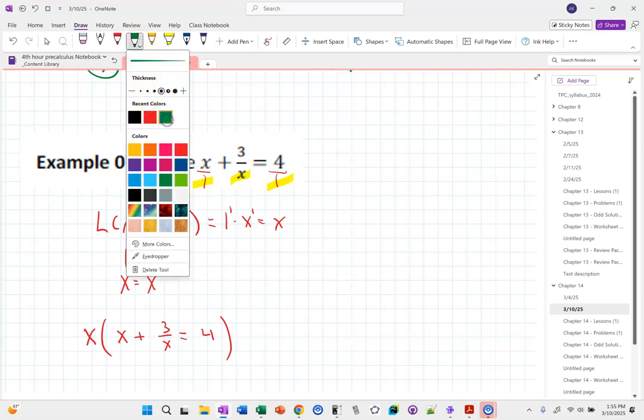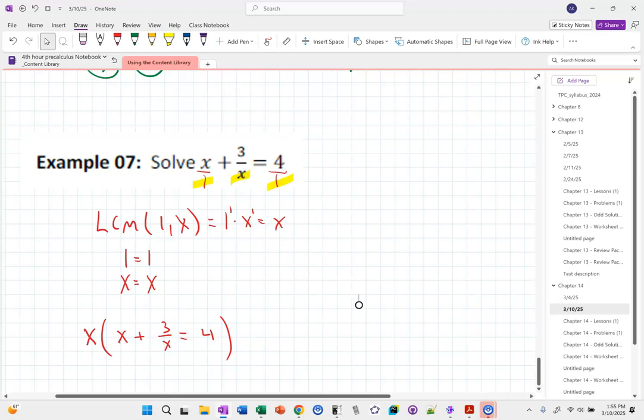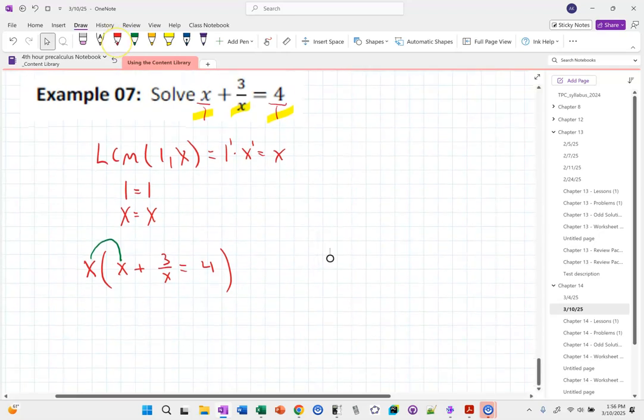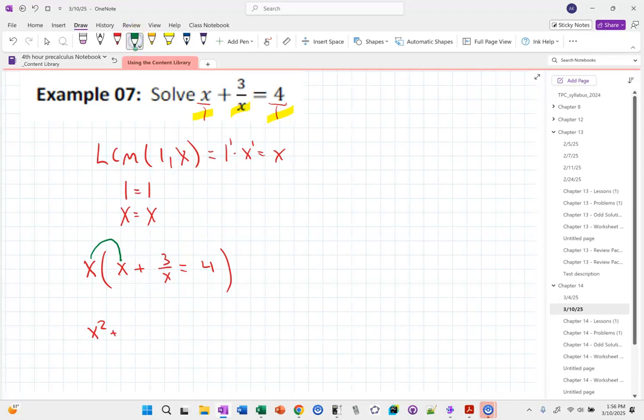So far, so good. So I'll start by distributing that x through. What's x times x? Okay. What's x times 3 over x? 3 is correct, right? Again, you're thinking about it as multiplying fractions, and then the x's can reduce.